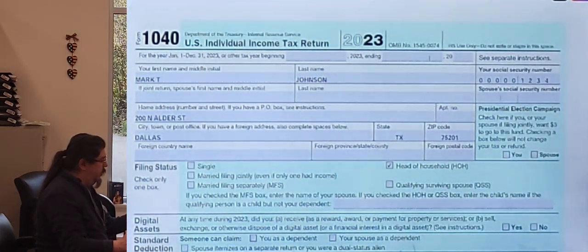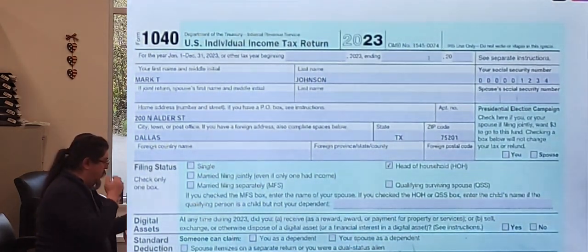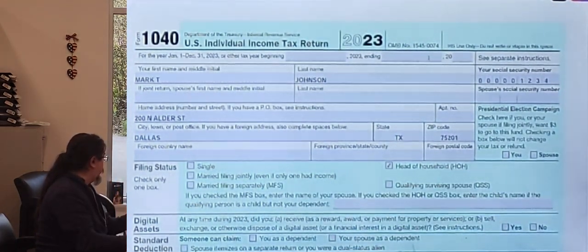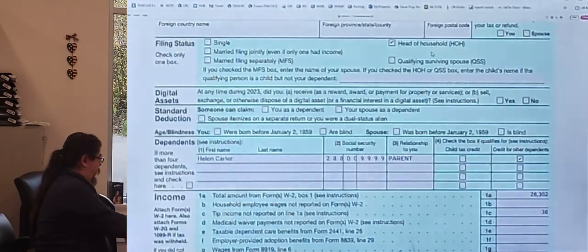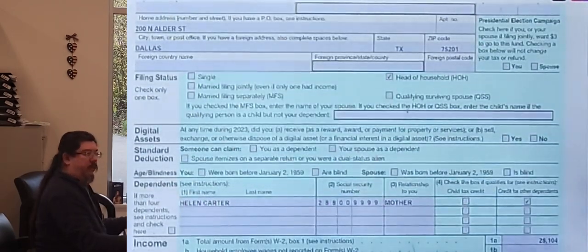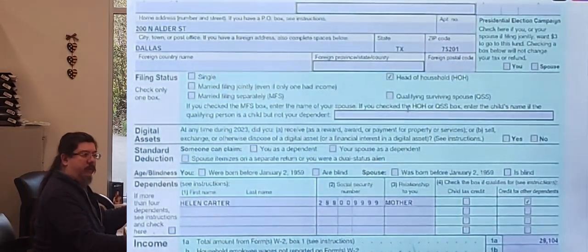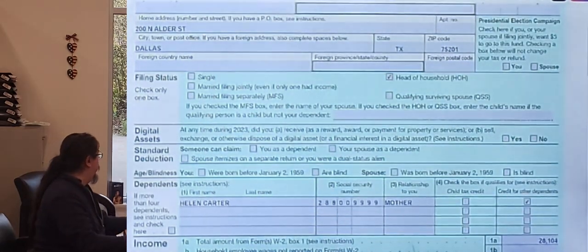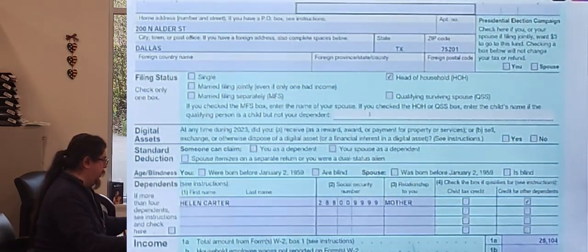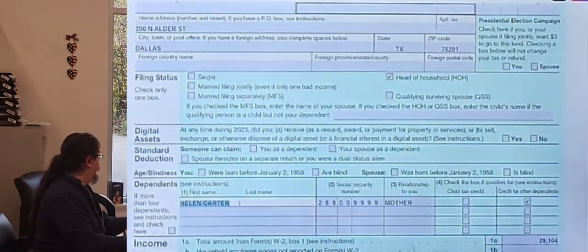In addition, he also gets to claim his stepmom, because his stepmom also qualifies him for head of household, because remember, a parent does not have to live with you. We don't need to put his daughter's name on this line because he does have an actual dependent that is his qualifying person for head of household.